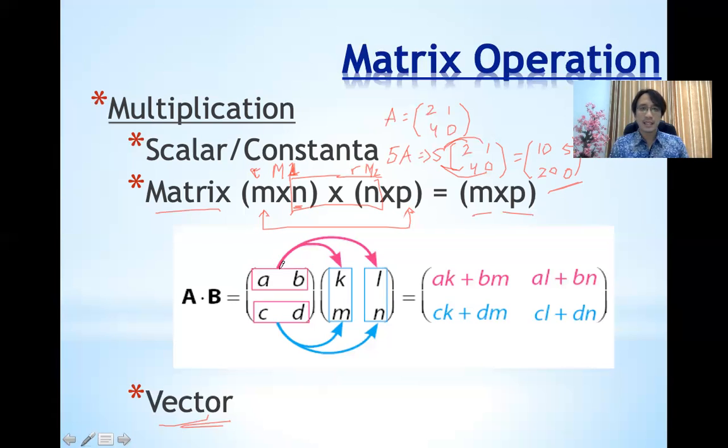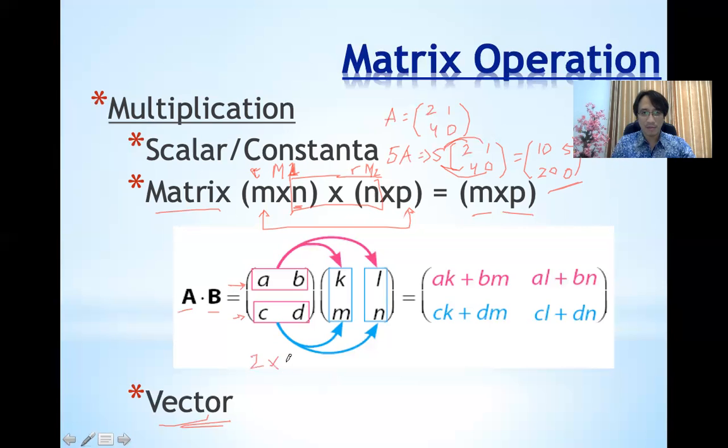And this is the way we multiply the matrix. So A times B, an example. For the matrix A, we have A, B, C, D. The order is 2 times 2.